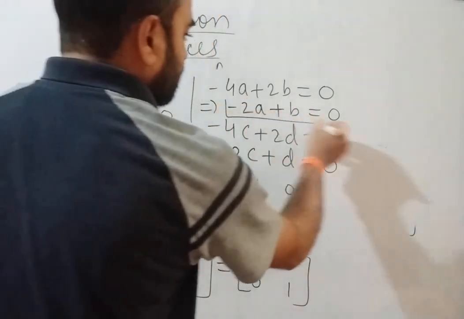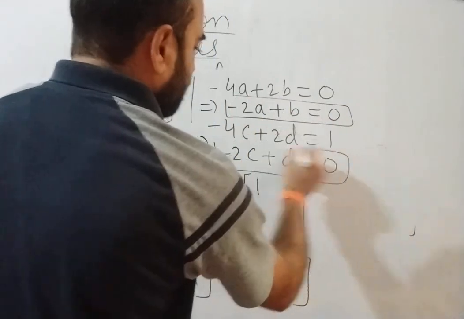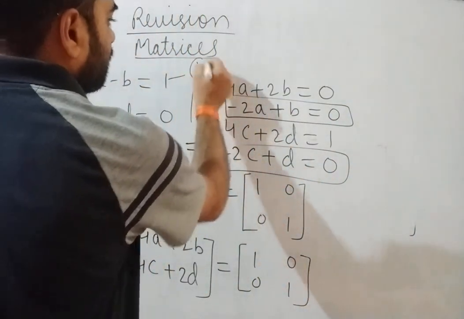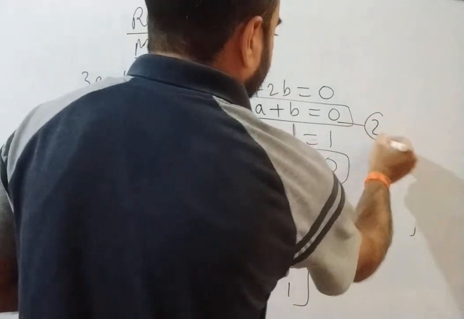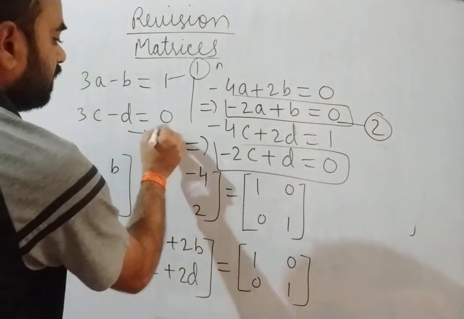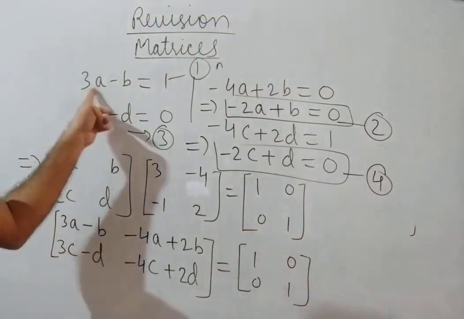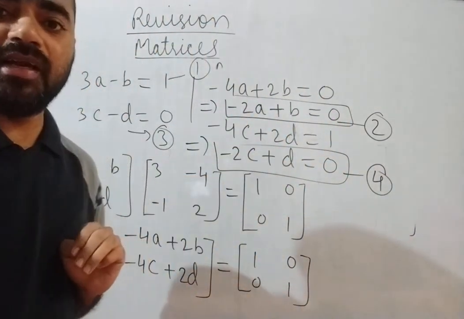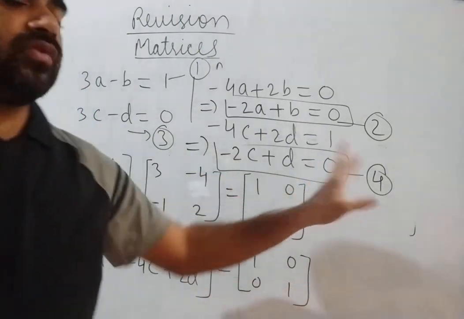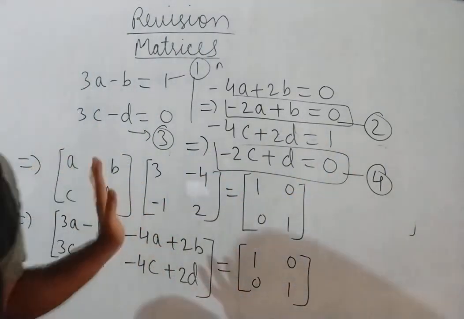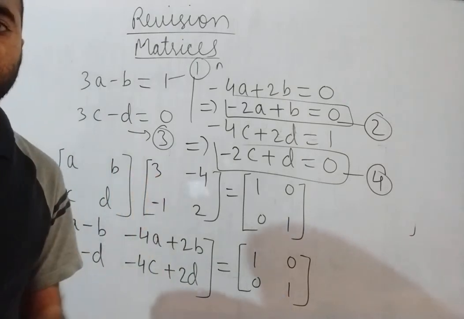Now we can solve these equations: 1, 2 and 3, 4. We can solve the first and second to obtain a and b, the third and fourth to obtain c and d, and substitute the values in the matrix B. That will give you the matrix B.